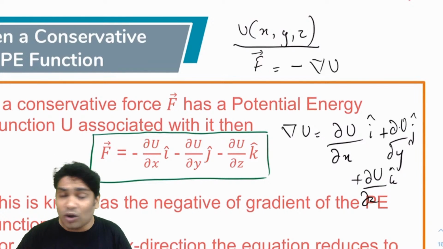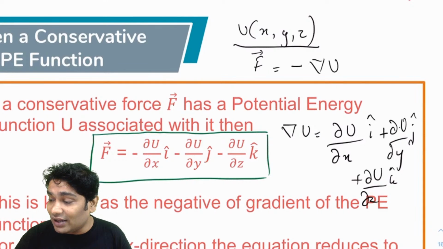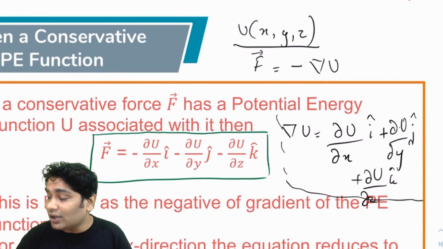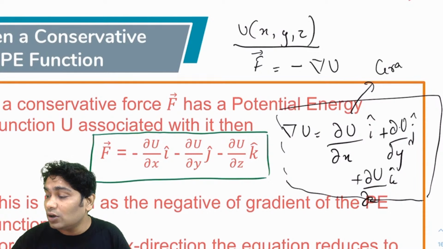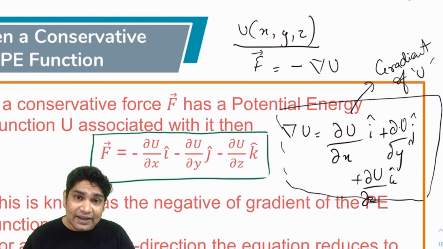You'll study this in college. When you reach college, you'll study about this operator. This is a special operator, and this entire thing is called the gradient of U. So the gradient of any scalar function gives a vector quantity.